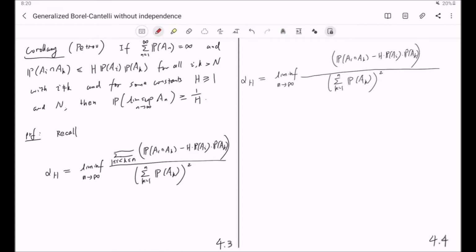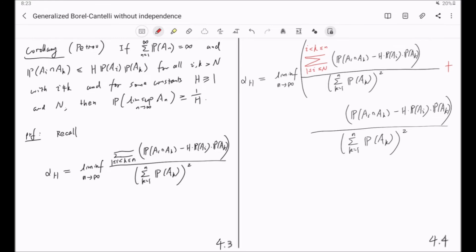For the first part, we are only going to consider the summation over i, k's where i is greater or equal to 1 and less than or equal to capital N, where at the same time k has no more restrictions. It can be any number less than or equal to n and strictly greater than i. This is the first sum.